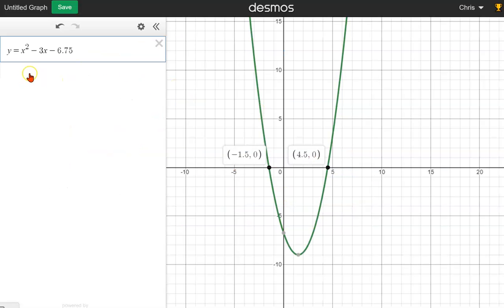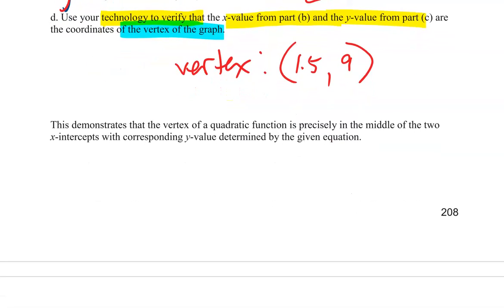So we have our graph here, the parabola, and this is the vertex at 1.5 and negative 9. So that is correct. This demonstrates that the vertex of a quadratic function is precisely in the middle of the two x-intercepts, with the corresponding y value determined by the given equation.